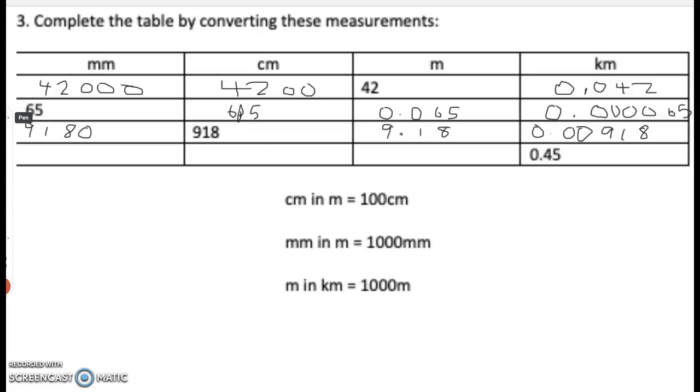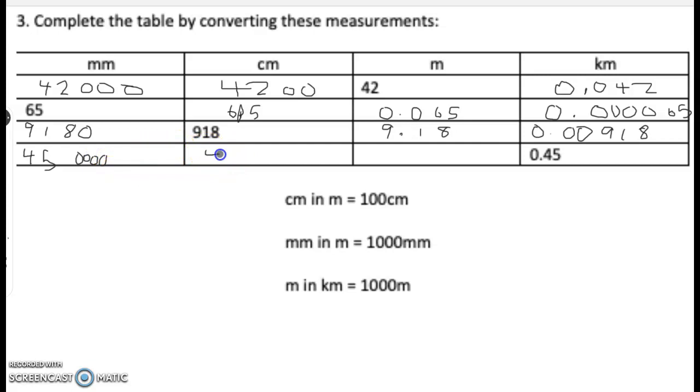All right, so the answers for the last ones are 45 and 4 zeros. 1, 2, 3, 4.